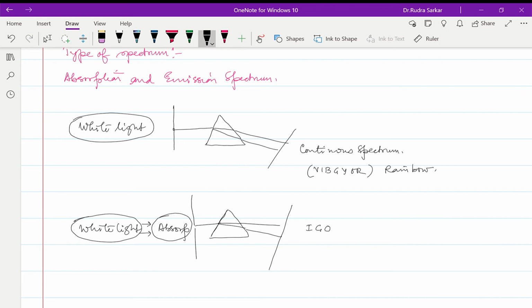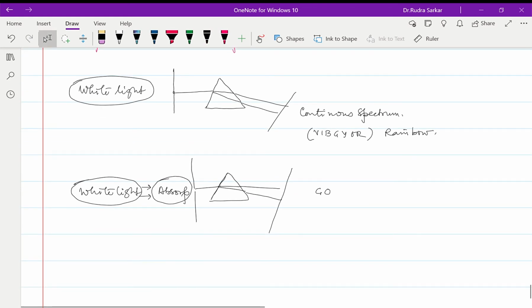That means selective colors, not all of them. Why IG only? I'm just saying, you can have red, only blue, or any shade. What I'm trying to say is that you are not getting all the colors but only certain bands. So this is not a continuous spectrum now. This you will say is a discontinuous spectrum.